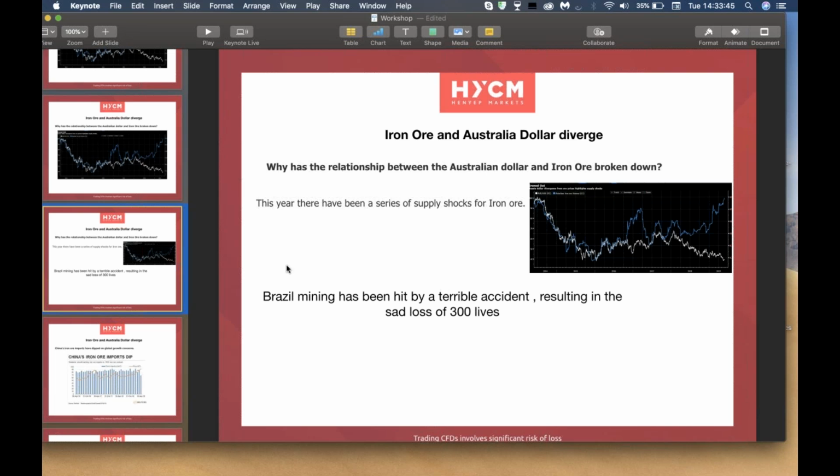So it's a large supply shock. So of course, as you guys know, when supply is limited, price rises. So that's one of the big reasons why we've been seeing the rise in iron ore prices, because not so much iron ore has been able to get into the market.